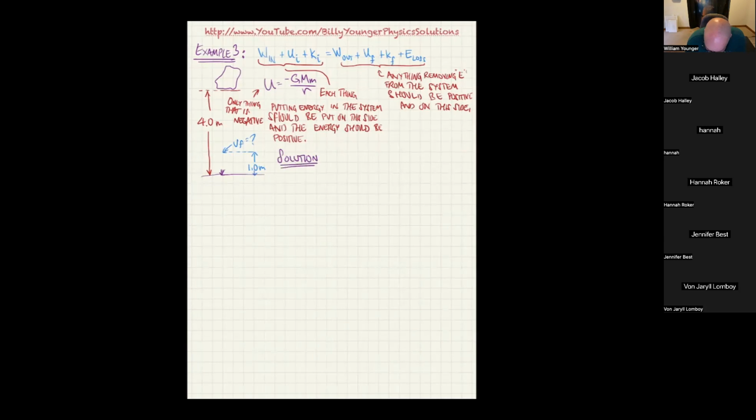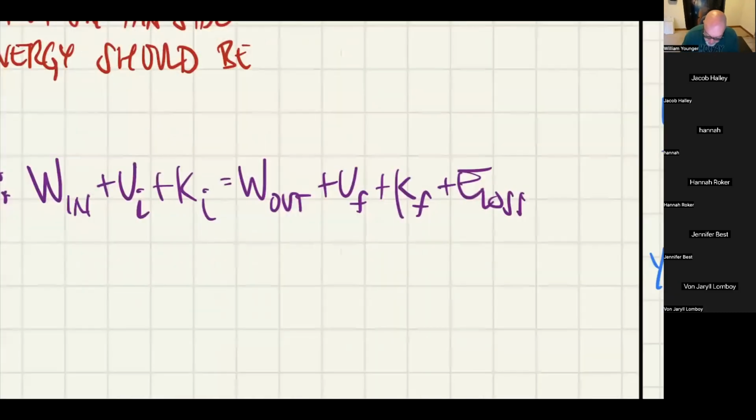So I'm going to start off with our equation, work in plus U initial plus K initial is equal to work out plus U final plus K final plus E loss. Now I am going on the assumption that I don't care about air resistance.